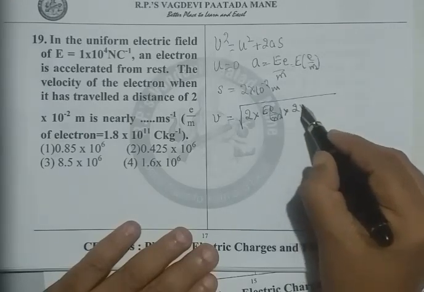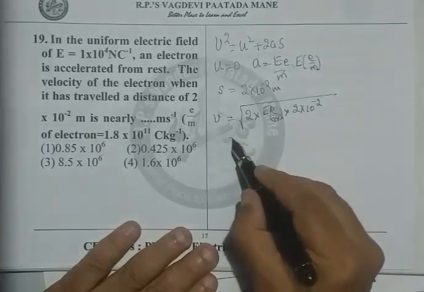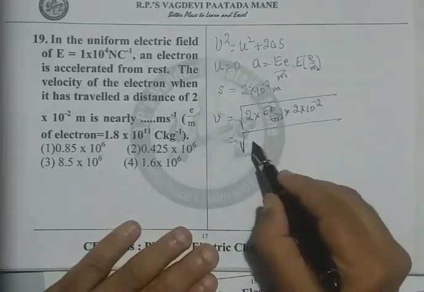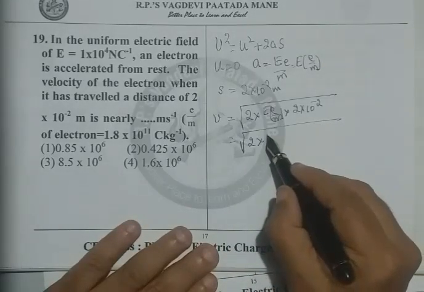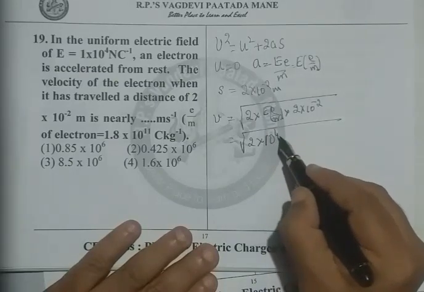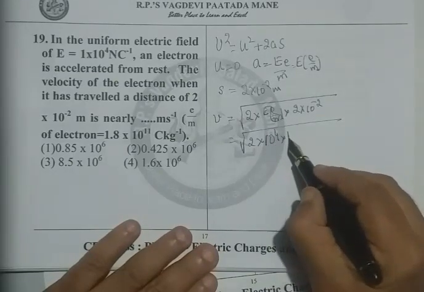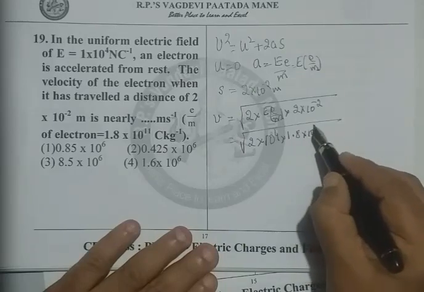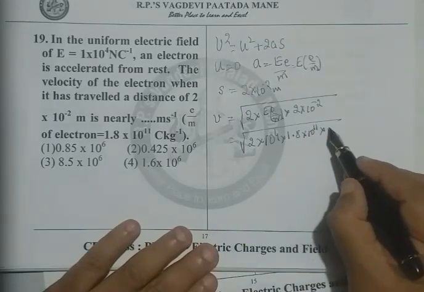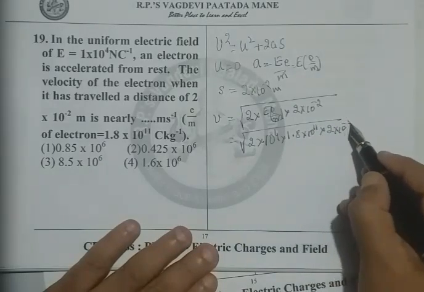We substitute everything now: 2 into E 10 raised to 4, e by m 1.8 into 10 raised to 11, into 2 into 10 raised to minus 2.